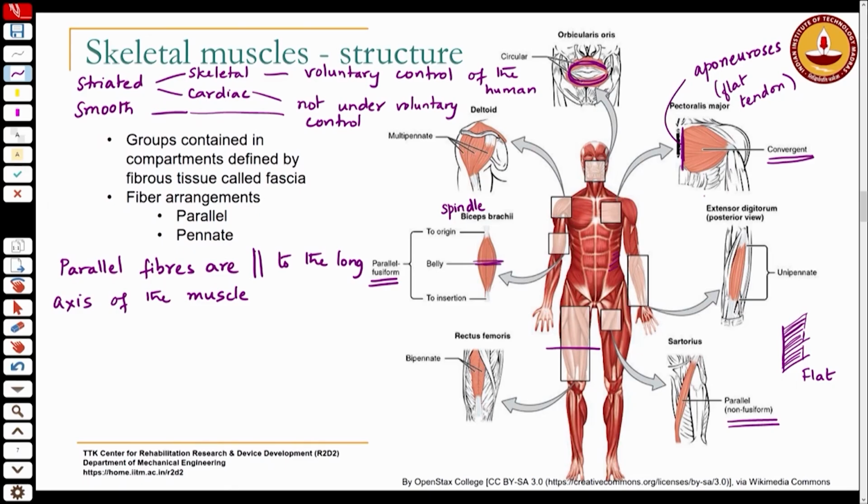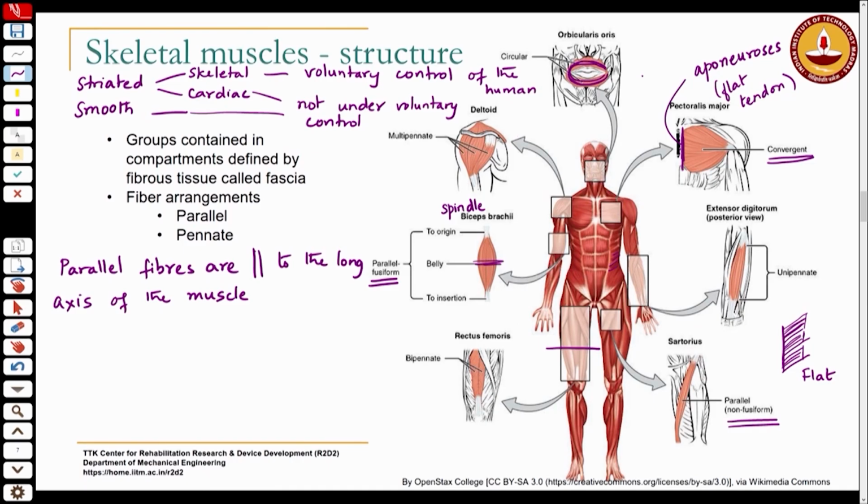This is an example again of a parallel arrangement of the muscle fibers, but in the parallel arrangement it forms a circular configuration. So you have 5 different types of parallel arrangements.